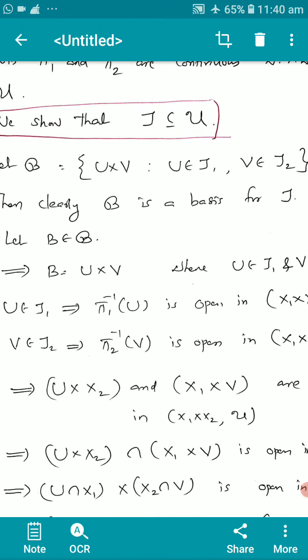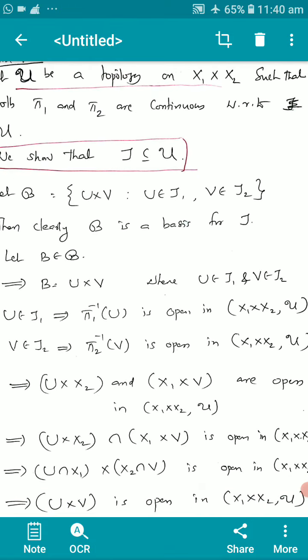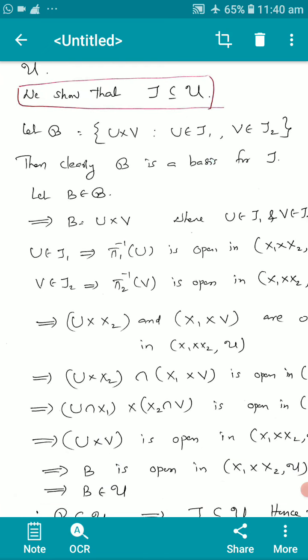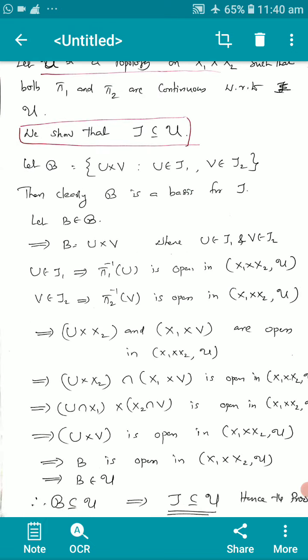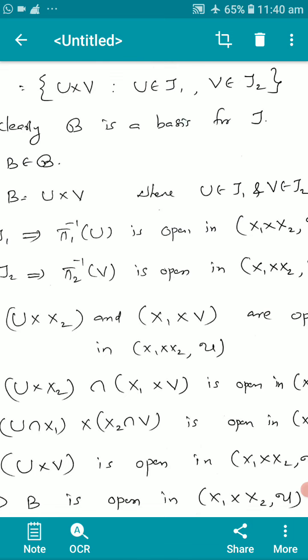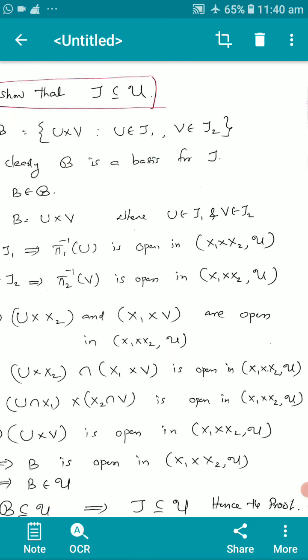Take B, that is a basis. You are taking script B, that is the collection of all such u cross v such that u in tau1 and v in tau2. Clearly B is a basis for tau. Taking an element in B, that is a basis element, capital B in B, then B can be written in the form B equal to u cross v, where u is in tau1 and v in tau2.